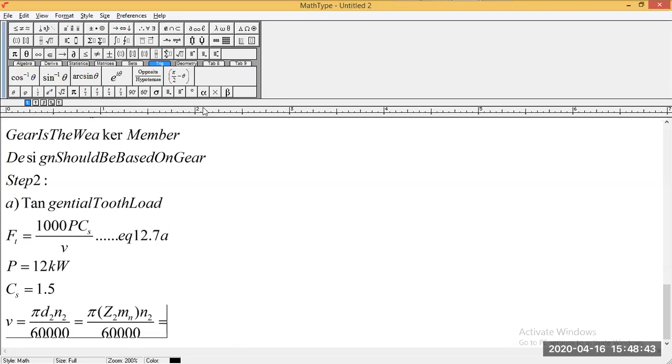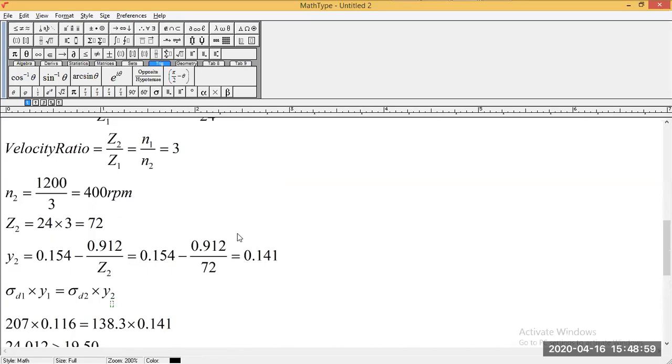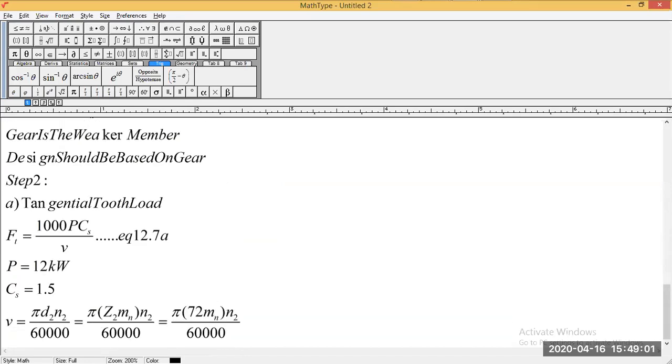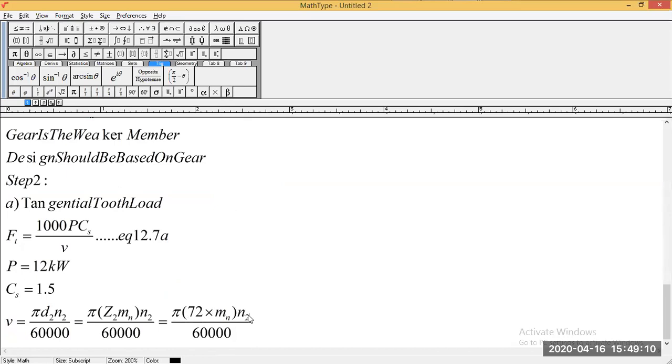Okay, so let's write these values. Let's copy this. So this will be in terms of MN, because that's what we are finding. So Z2, we know what is Z2. That's 72. So 72 into Mn, and we also know N2. N2 is 400. I'll just replace this.